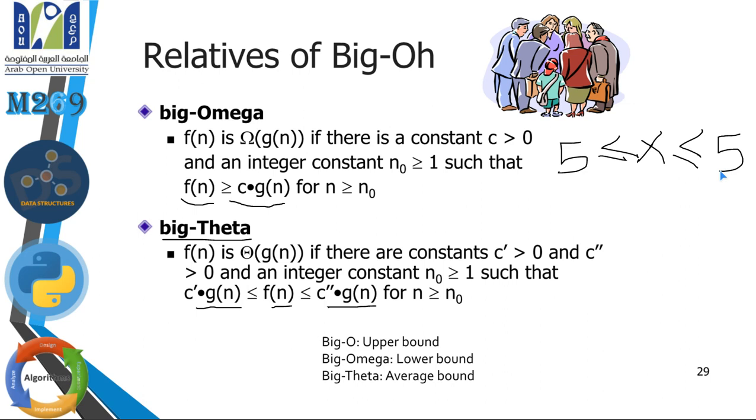Why? Because we are considering the worst case. No, we don't consider n to the power 3, n square, n to the power 2. So why are we considering this? Because we are considering the worst case.